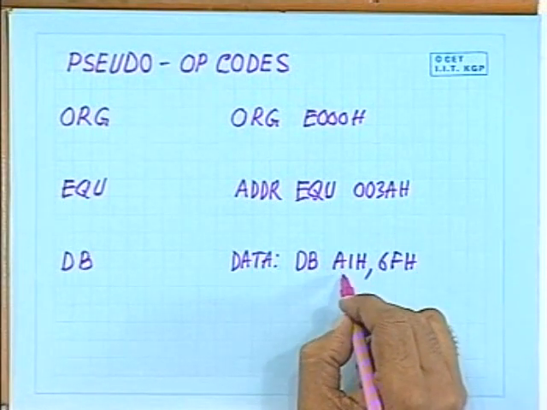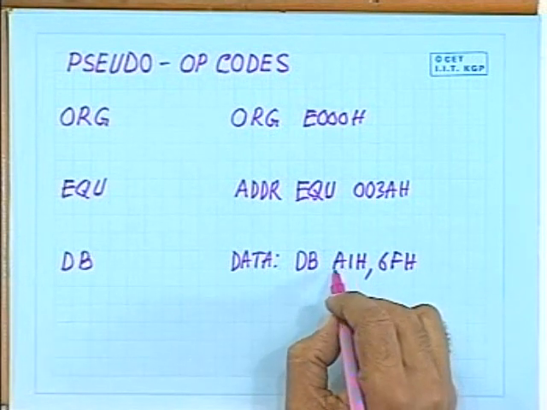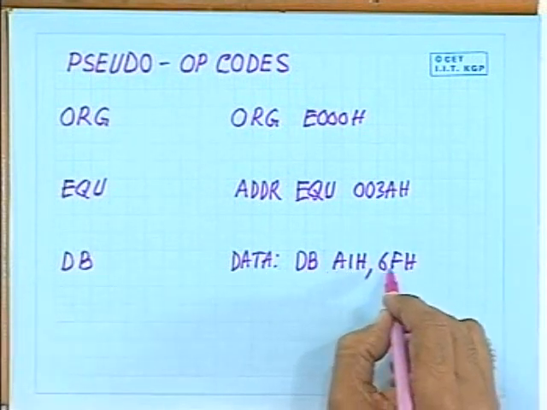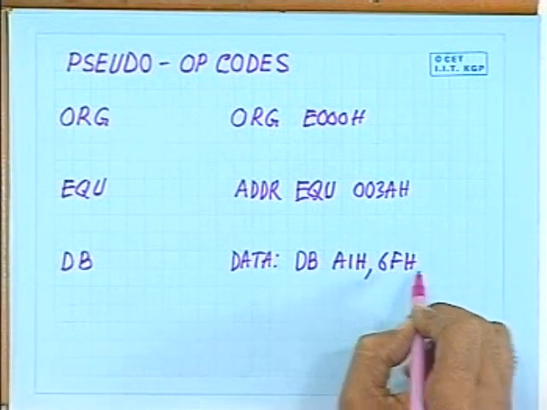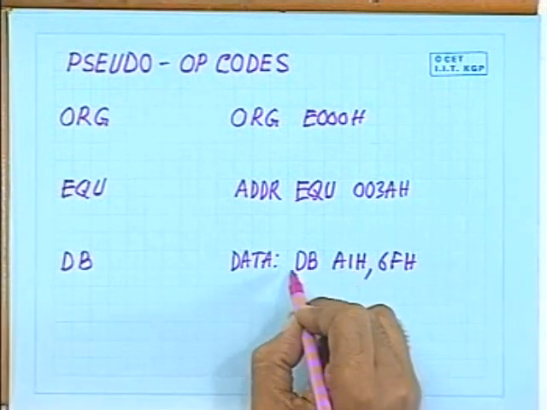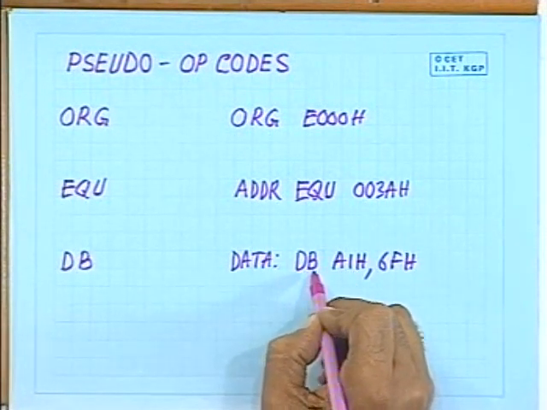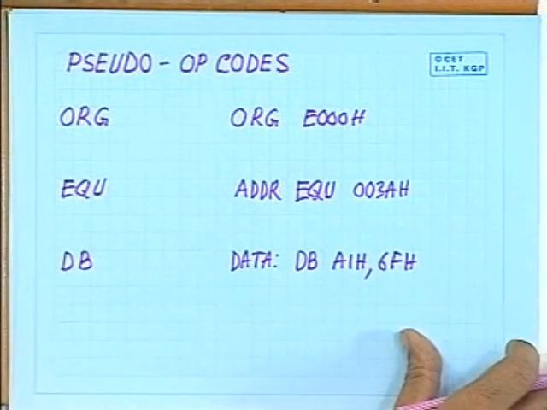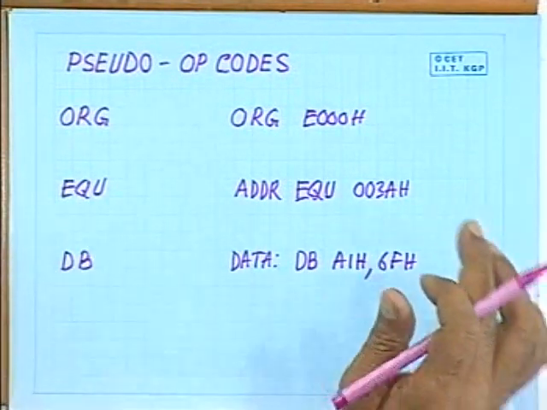You are allocating memory space for this data, so an array of data can be stored in memory with the help of the pseudo opcode DB. These are the most common pseudo opcodes, but as I have told you, the availability of pseudo opcodes varies from assembler to assembler. So whenever you use a particular assembler, you have to become familiar with the pseudo opcodes available for it.